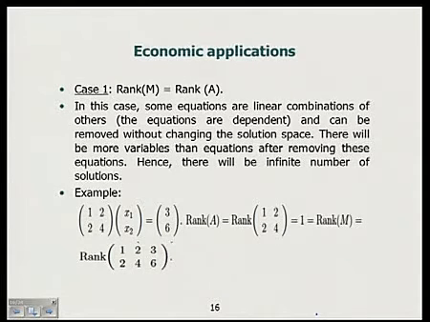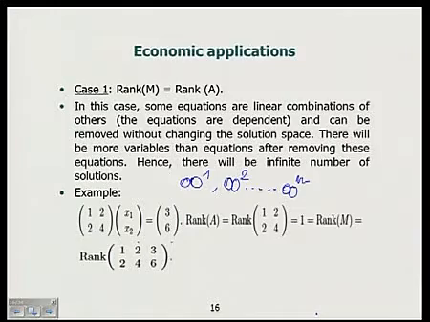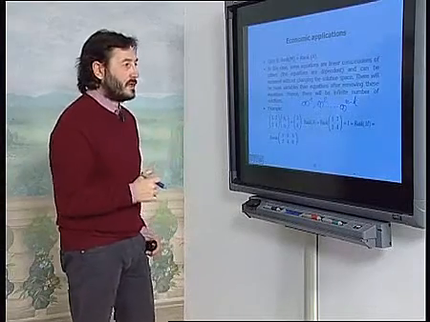If we remove one equation, then we have infinity with order 1 solution. Or if we remove two equations, then we have infinity with order 2, until it's possible to reach order n minus k, where k is the number of equations we can remove.